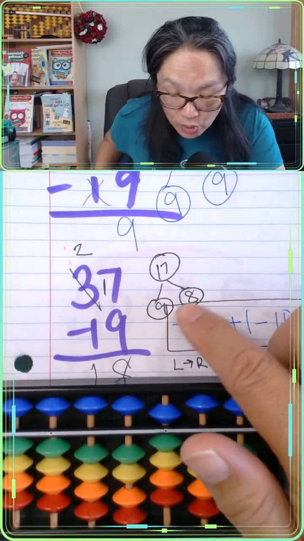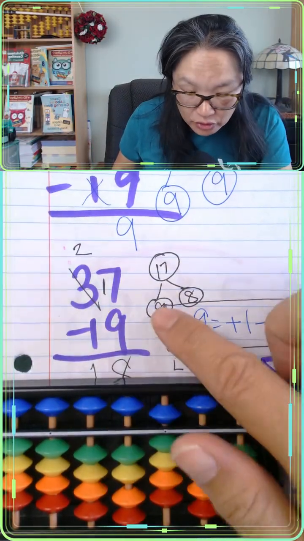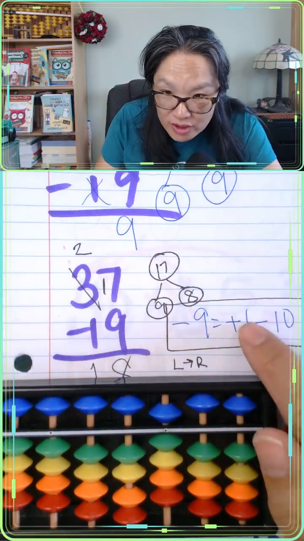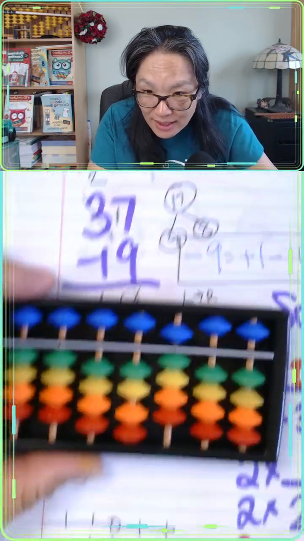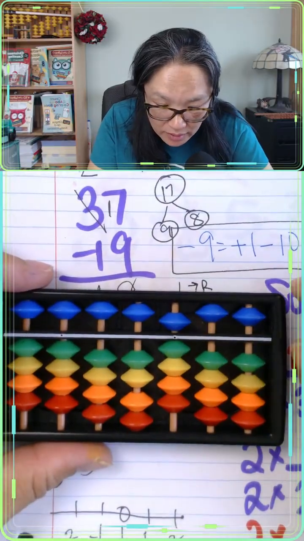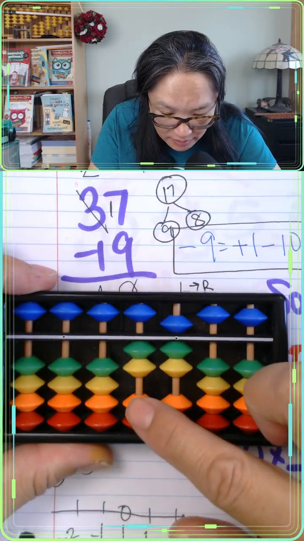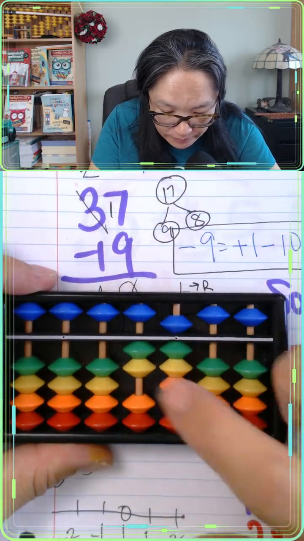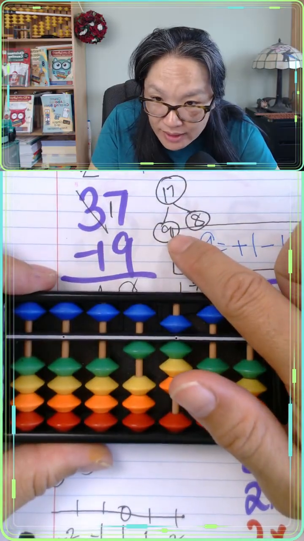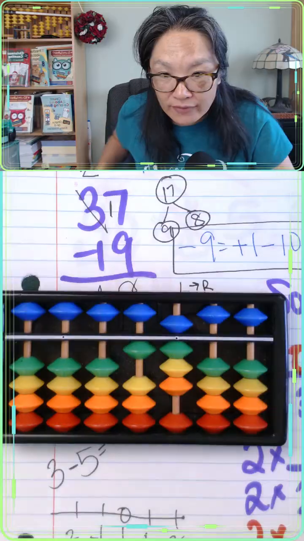You need to memorize this, or you can do compensation, which is fine too. But on the abacus, you just need to know this: minus the 9 is equal to minus the 10 plus the 1. 37, minus the 10 plus the 1, and then take away 1. I don't need to memorize 9 plus 8. Oh yeah, I forgot the 10s and the 1s.